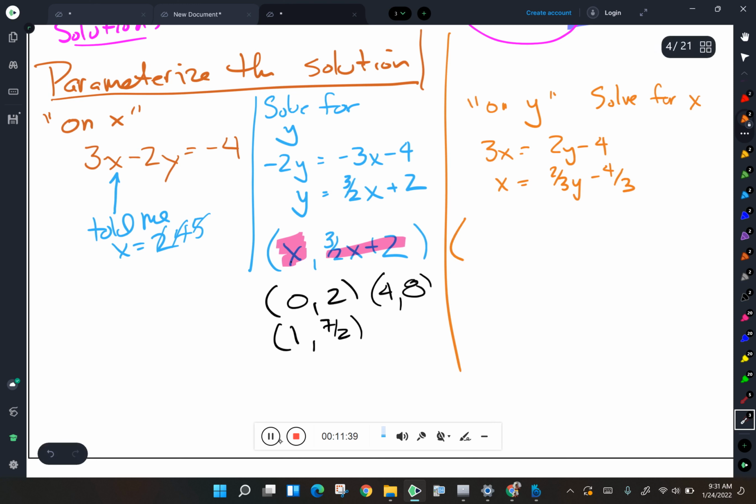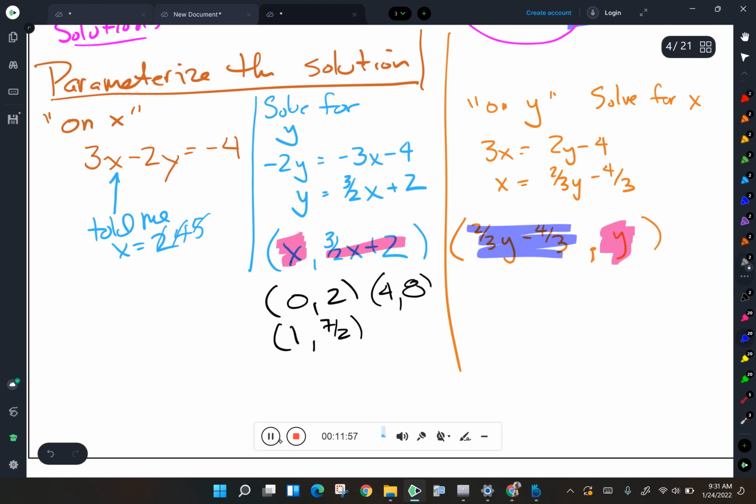And then I would write my solution and say it's 2/3 y minus 4/3, comma, y. And now if you tell me y, I can plug it in over here and get you x.